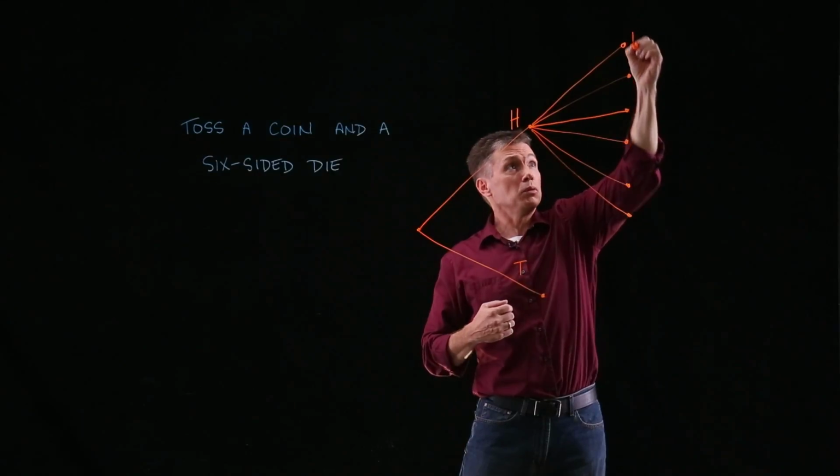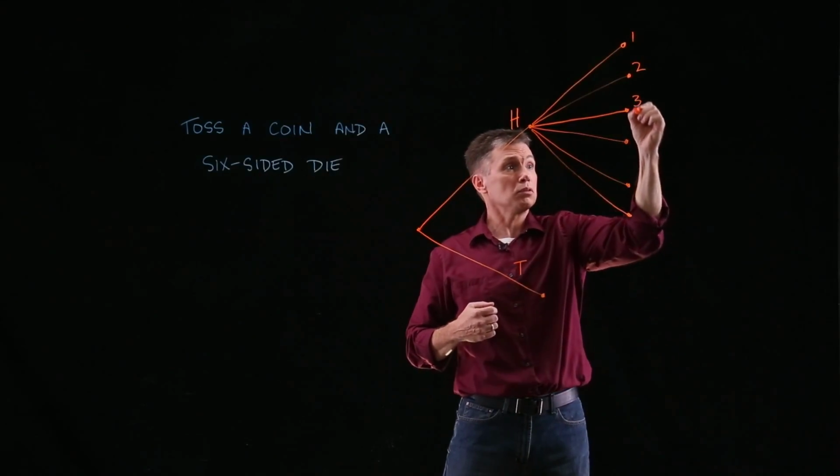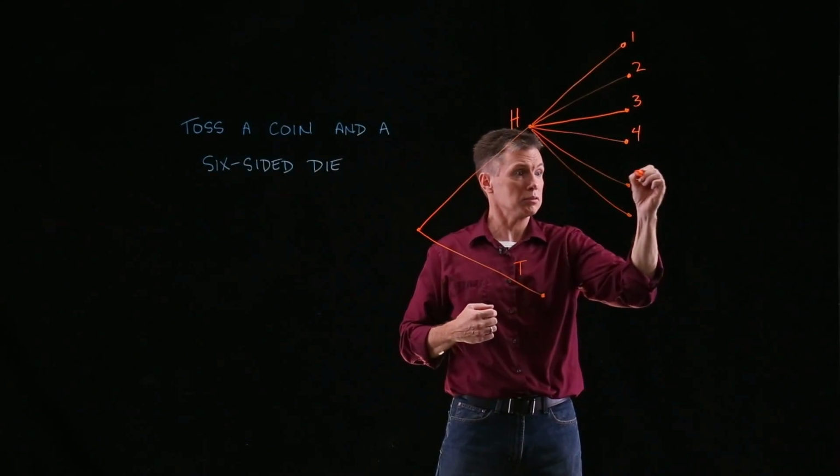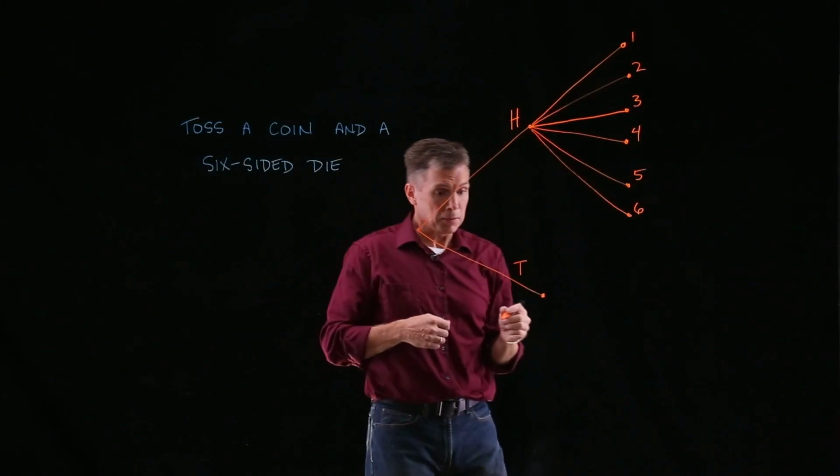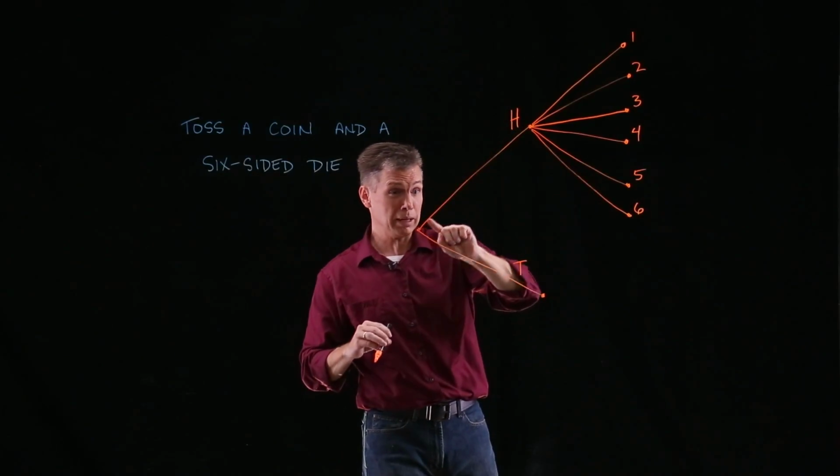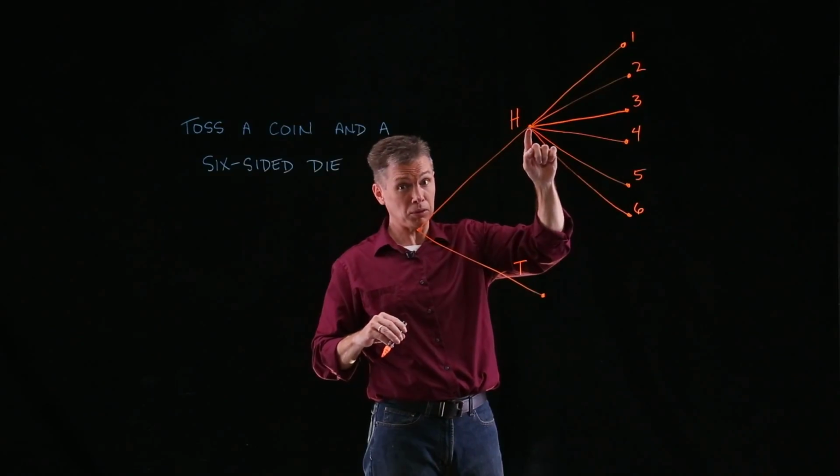And then I can label these 1, 2, 3, 4, 5, 6, which is just in the case where I maybe got heads on the toss of my coin.